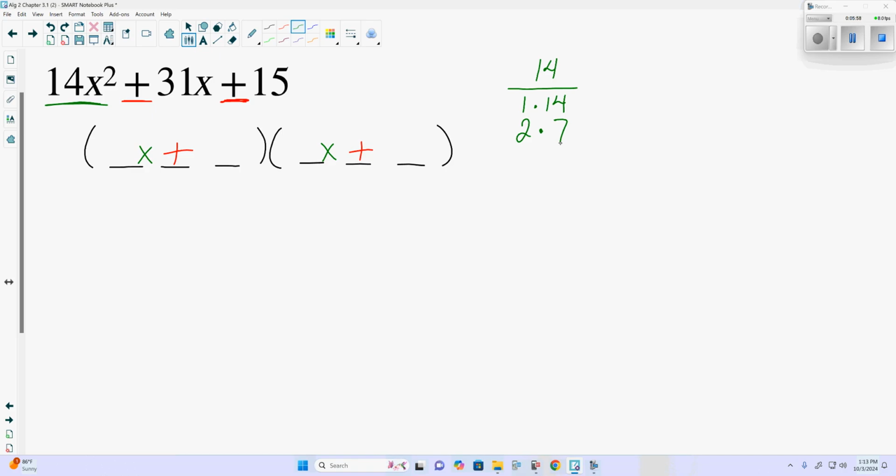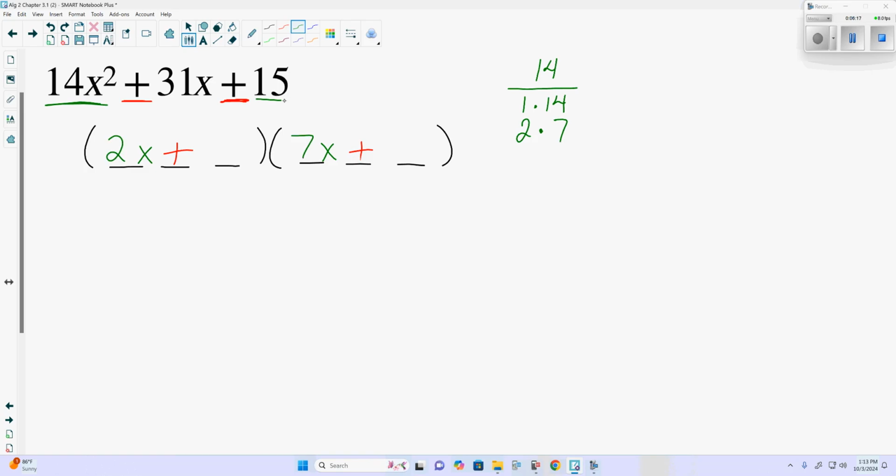So we're done. That's as far as it goes. But we do need to pick one of these, 1 and 14 or 2 and 7. What do we want, 2 and 7? All right. We kept getting an even number of votes, 2 and 7.